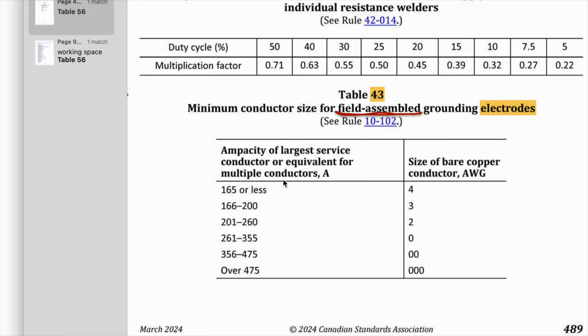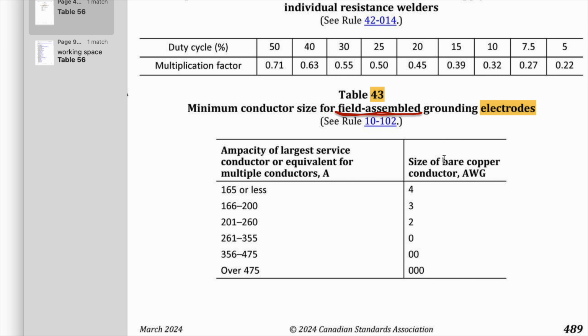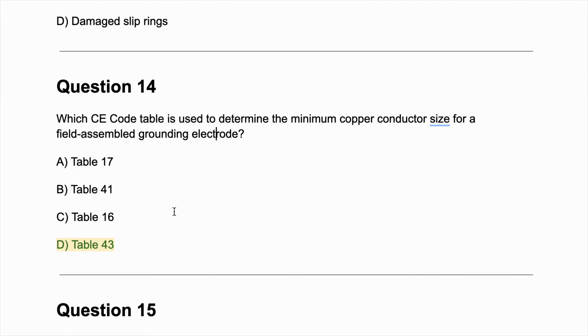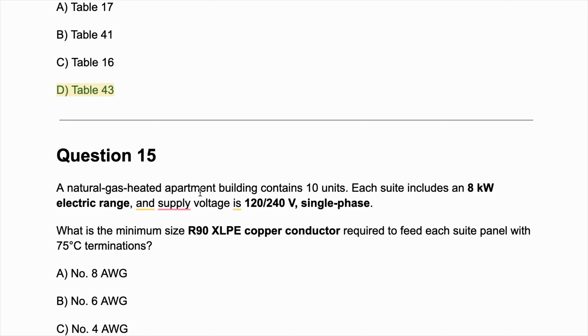The first column is about the ampacity of the service, and the second is the minimum size of the bare copper conductor that we want to use as an electrode. There is a rule that tells us it should be at least 6 meters. And yeah, this is the answer, Table 43.